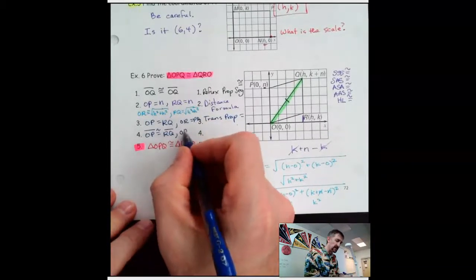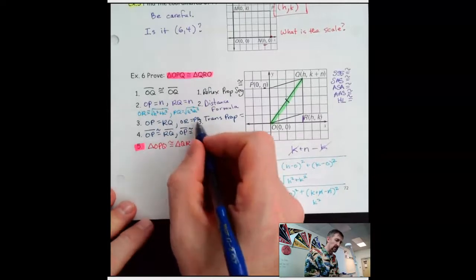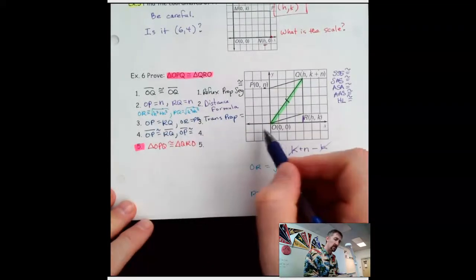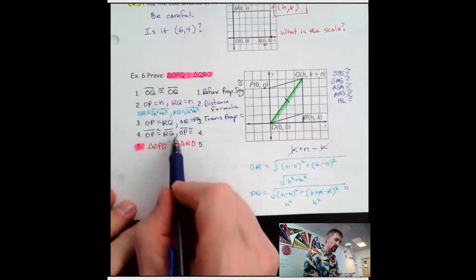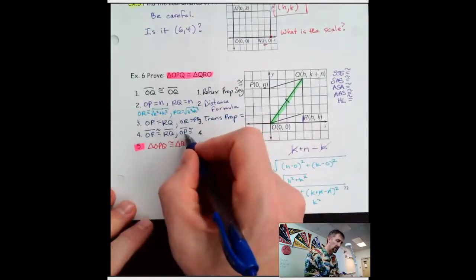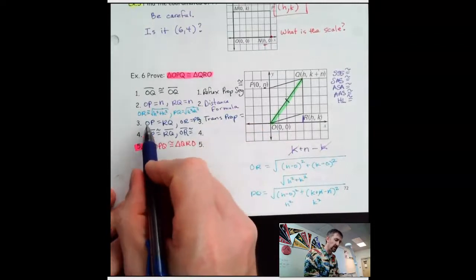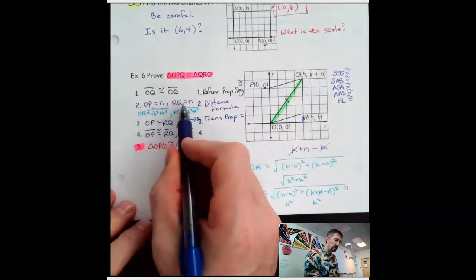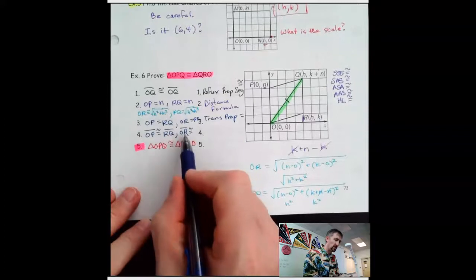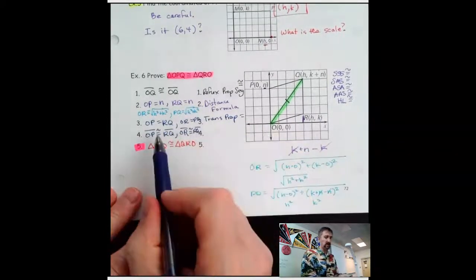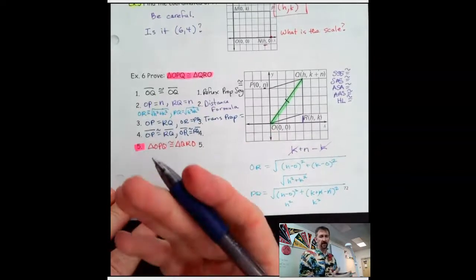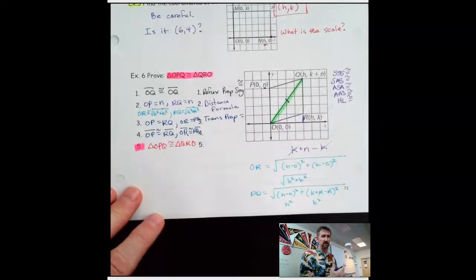And then down here, segment OP is congruent to segment, wait a second, OR. I already have OP, RQ, OR, PQ. Okay, and if you don't know the reason for that, you're not really paying attention very well right now.